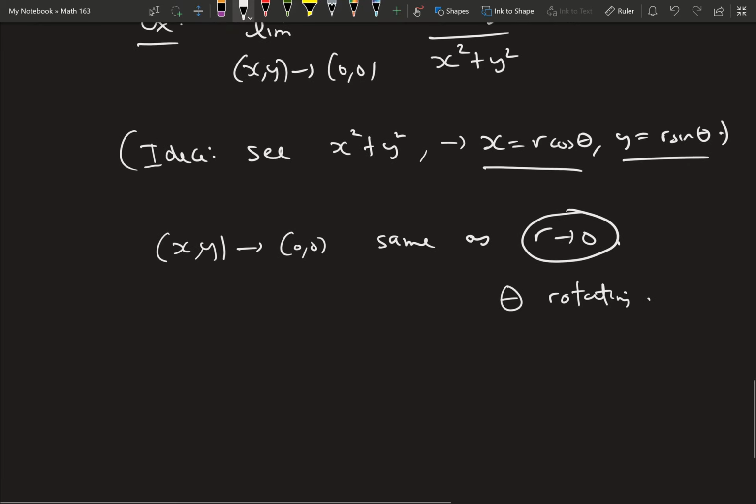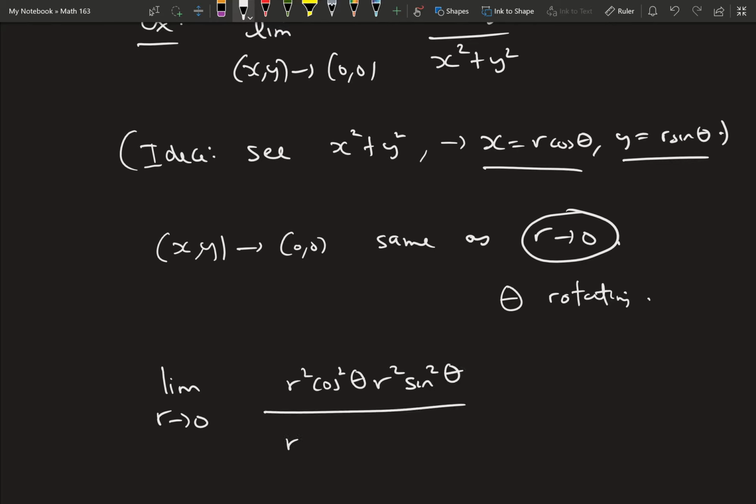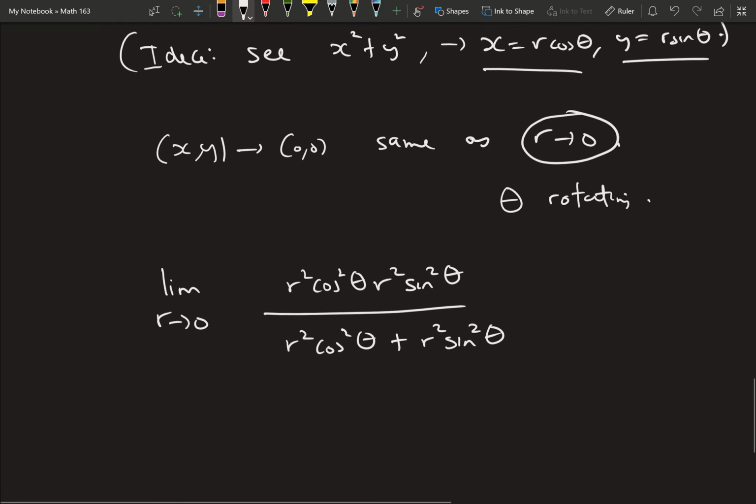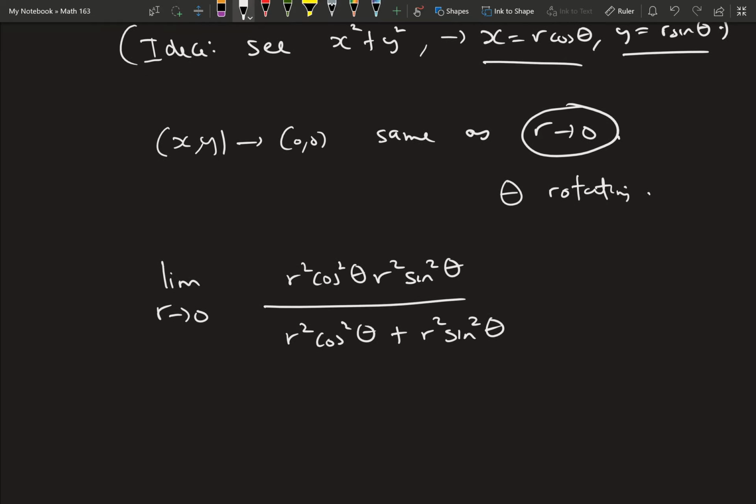So what we get here is the limit as r goes to 0 of r squared cosine squared theta times r squared sine squared theta, divided by r squared cosine squared theta plus r squared sine squared theta. And recall that the bottom here is just r squared.